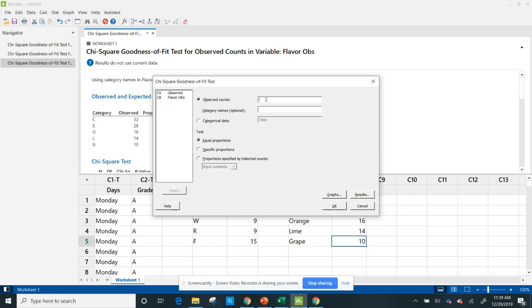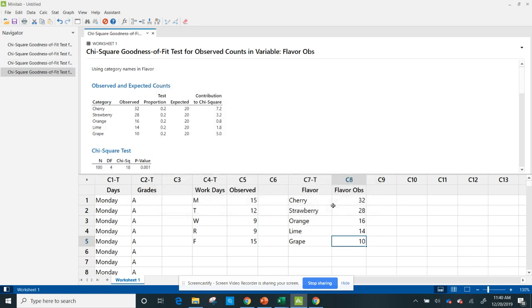So I'm going to go here and do observed counts. And when I click in that box, it only looks for numbers. So for here, it's flavor observed. Category name, I'm going to put it because when it gives me my output, it's very specific about what it gives me. Equal proportions again, because I believe they're occurring the same. And then I hit OK.